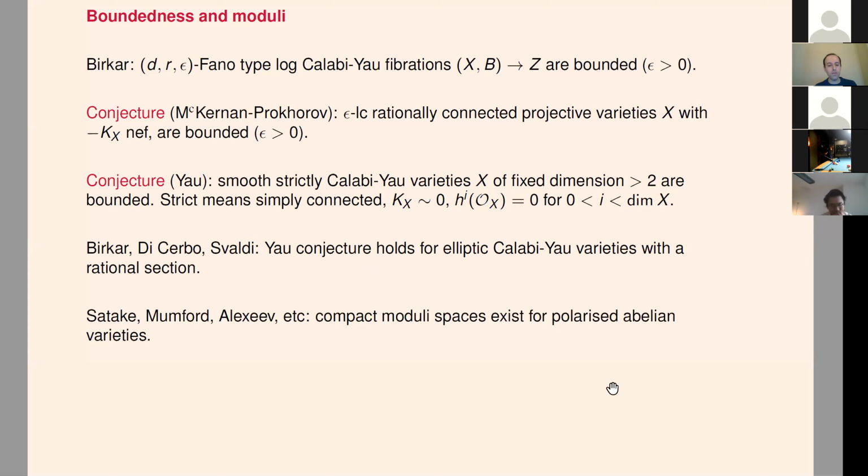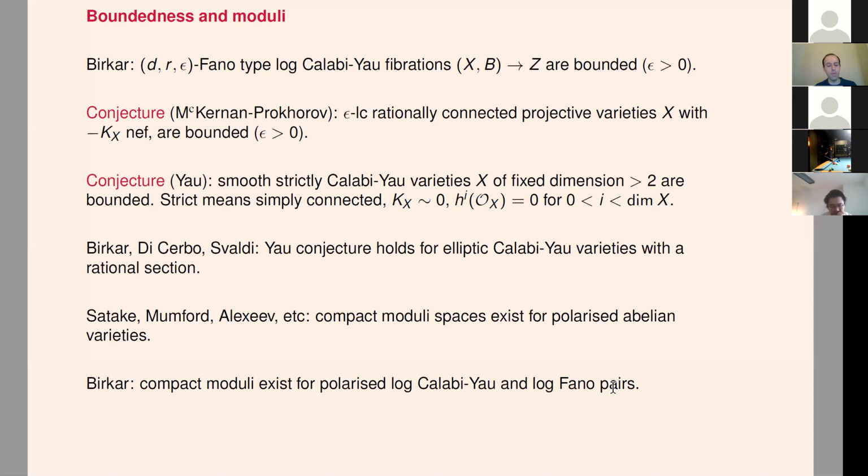There is also a lot about moduli of different kinds of Calabi-Yaus or Calabi-Yau fibrations, for example compact moduli spaces. We know that they exist for polarized abelian varieties. There is a long history about this subject. It goes back to Satake, Mumford, Alexeev, who have different approaches to this problem.